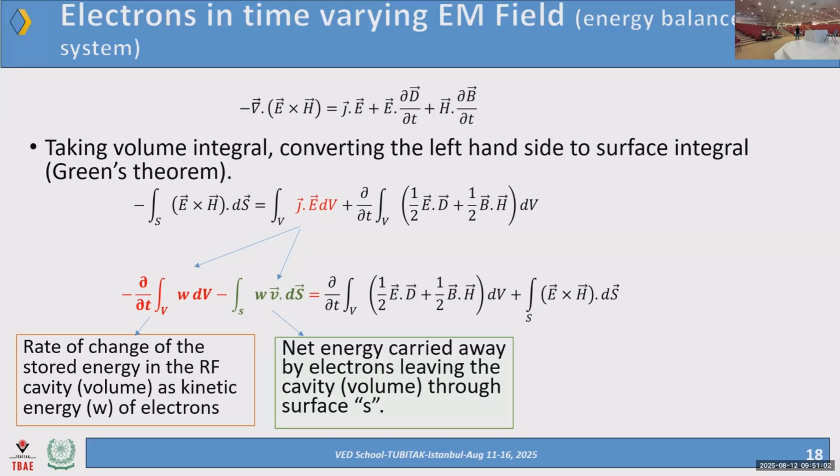There is a way to inject the electromagnetic radiations. We couple it through waveguides, we couple it through the antennas, and the cavity itself should be of the dimensions of an integral multiple of lambda, the free space wavelength of the wave.